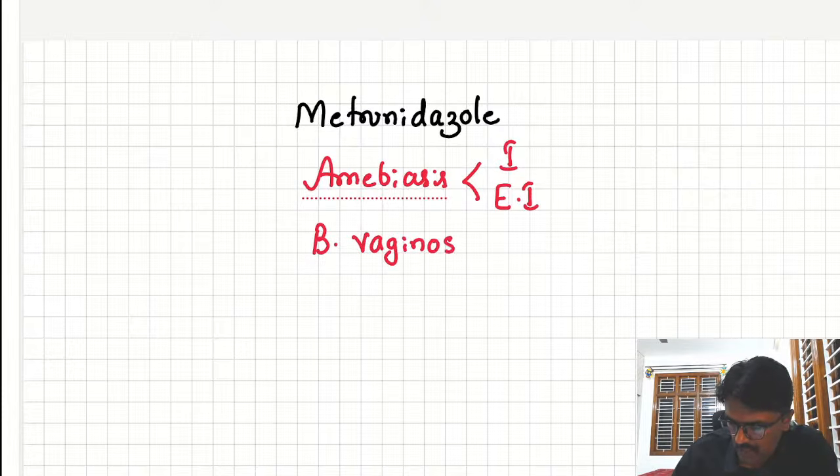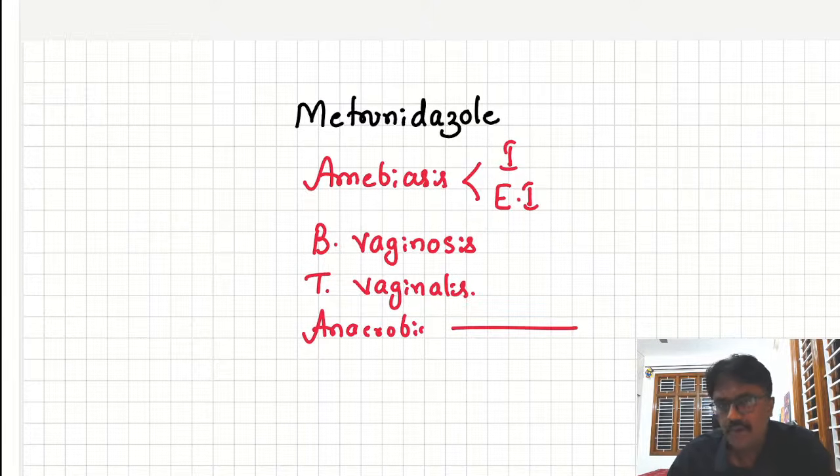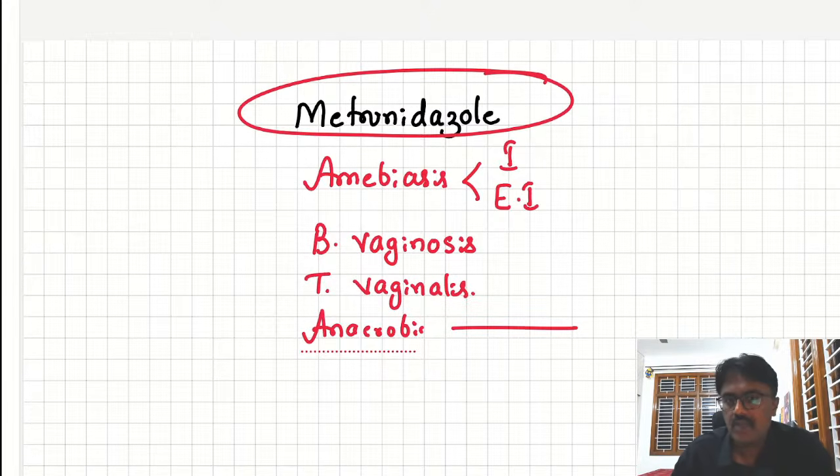There also it is the drug of choice. It is also the drug of choice for Trichomonas vaginalis, where you see the strawberry cervix. And also it is the drug of choice for anaerobic infections below the diaphragm, infradiaphragmatic anaerobic infection. And the one which is tested with metronidazole is the disulfiram-like reaction.